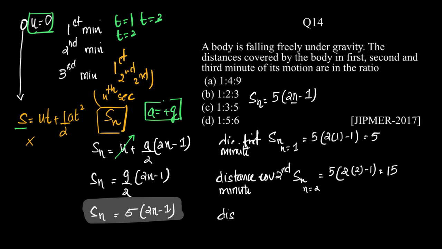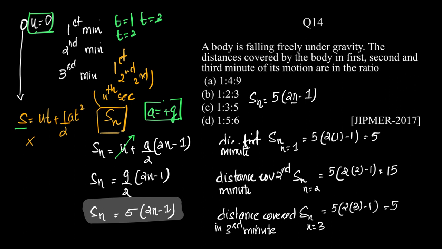Now the distance covered in the third minute is equal to Sn at n is equal to 3, which is equal to 5 into 2 into 3 minus 1, which is 5 into 6 minus 1, which is 5, so you get 5 into 5 equal to 25.